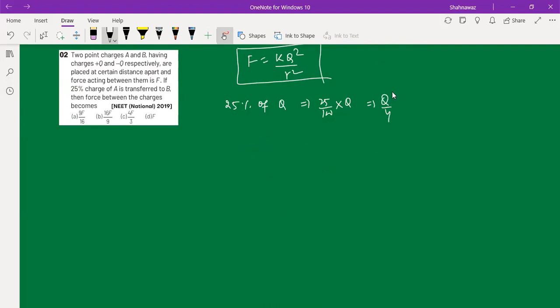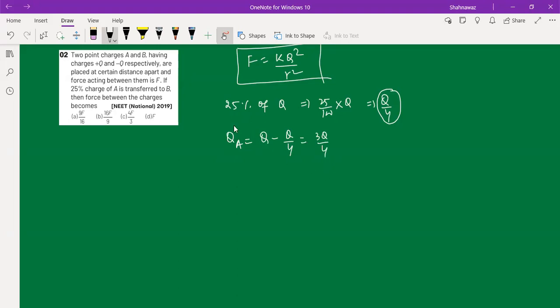This much charge is removed from A. So QA would be Q minus Q by 4, which is 3Q by 4.